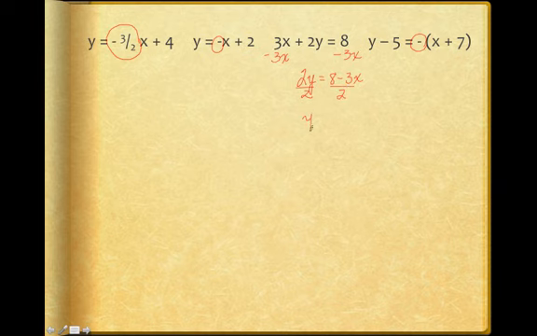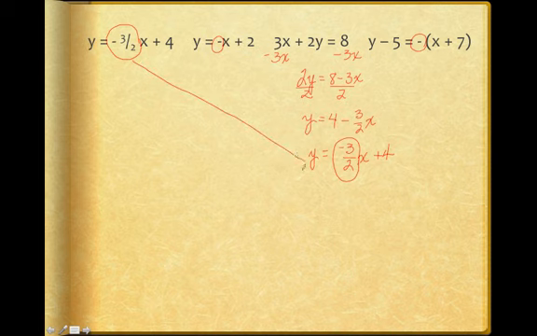So I get y equals 4 minus 3/2 x, which in proper slope-intercept form would look like -3/2 x plus 4. So indeed, I have a slope here of -3/2. So these two lines are going to be parallel, and when I graph these two lines will also be parallel.